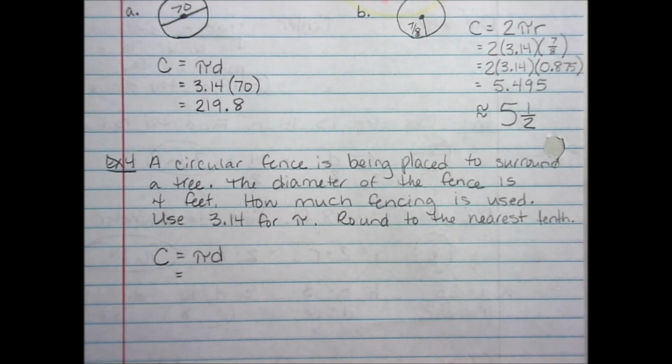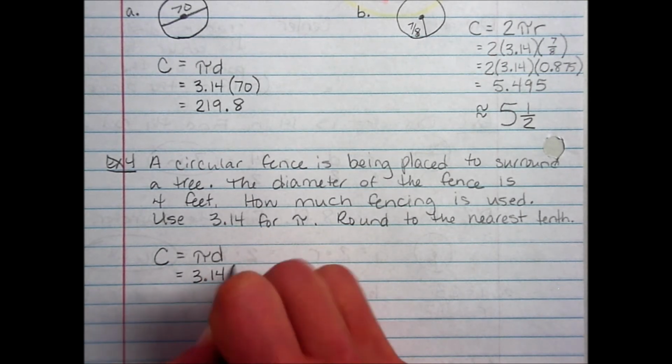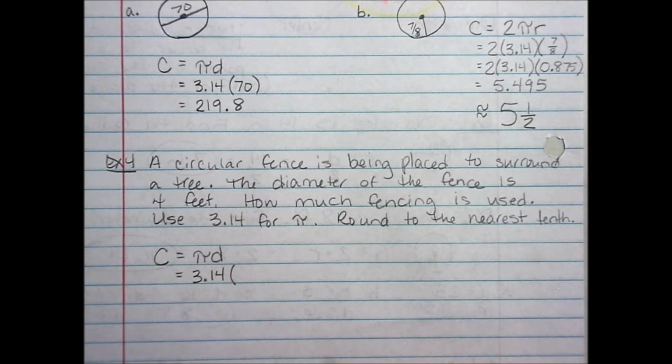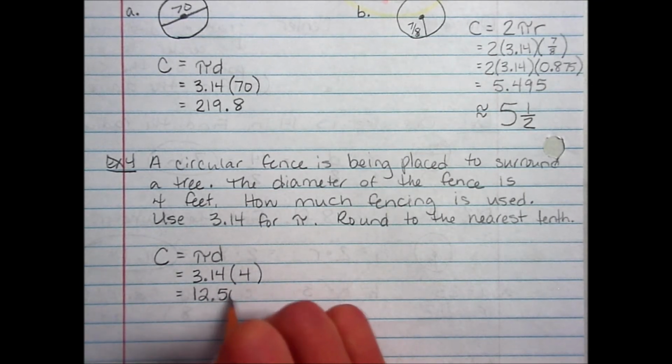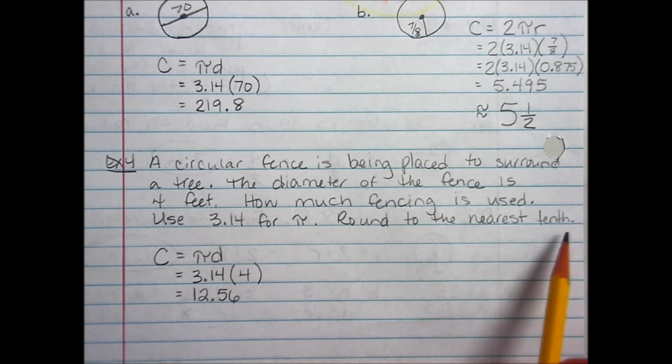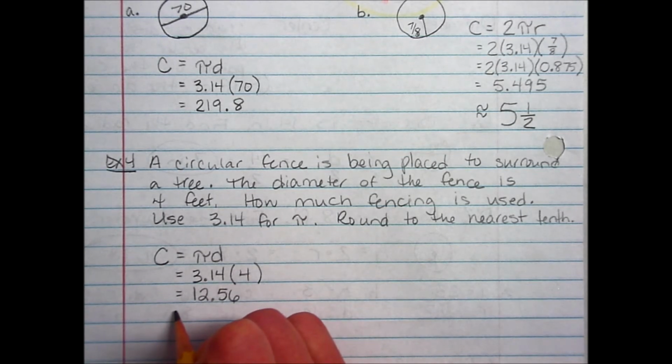What did it say to use for pi? 3.14. And what's our diameter? 4. Plug it into your calculator. And then it said round to the nearest tenth. So this is the tenths place. What does the 6 do to the 5? Brings it up to a 6.